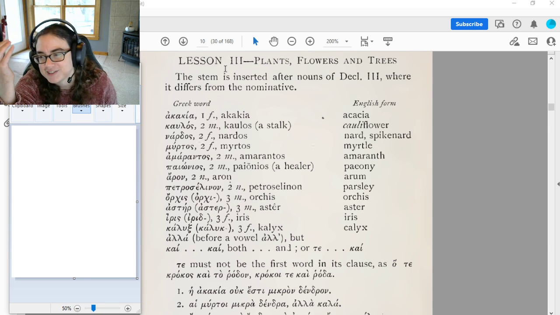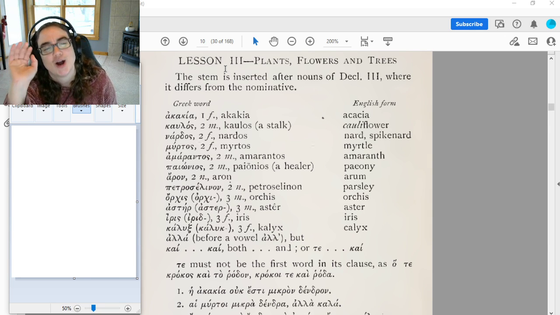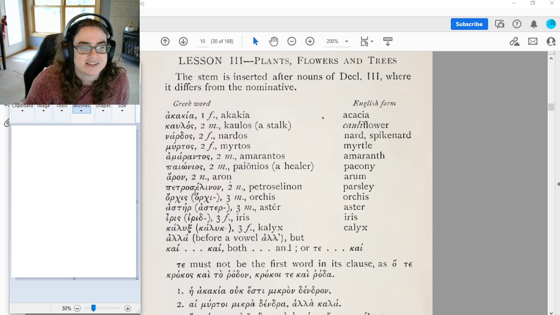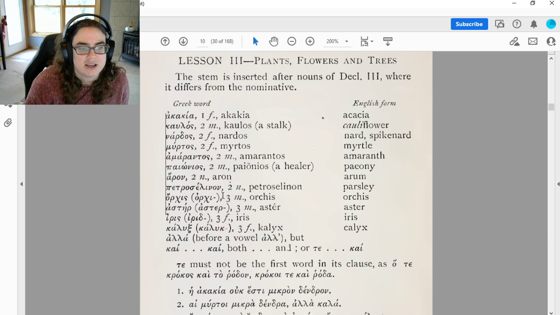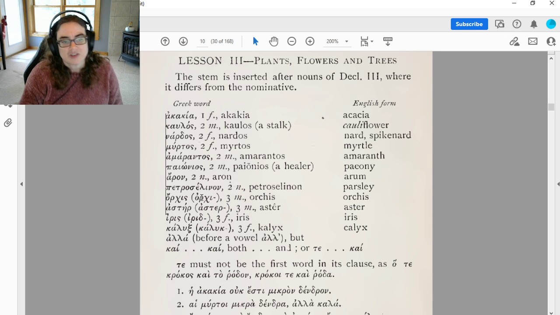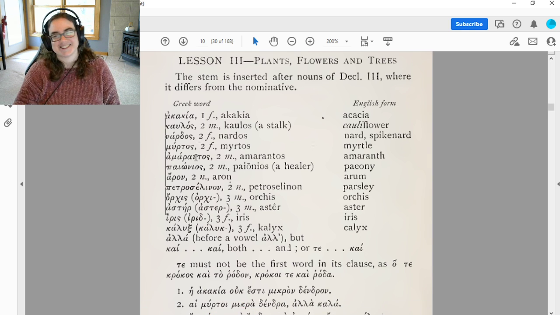A weird way of describing what you do with endings. It's an instruction for their own vocab list that the stem is inserted here in parentheses after third declension nouns when it's different. So that's why it's got this orki here, or the aster, or the irid, or the kaluk here in parentheses, because this part is what you use for the rest of the cases. Nominative does something a little bit different. That makes a lot more sense.